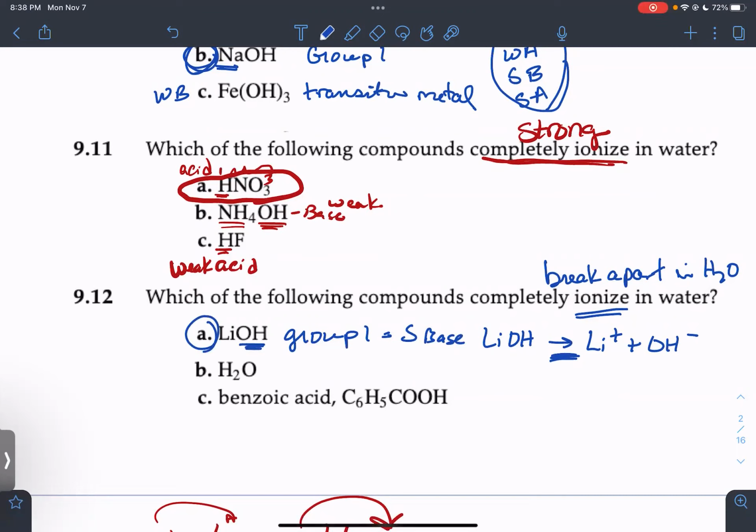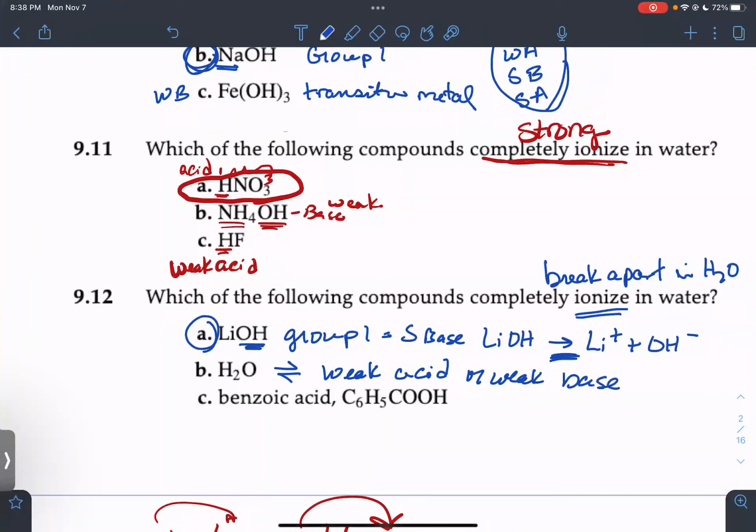Okay, water. What we saw up above is that water can act to accept a hydrogen ion or to donate one. And it doesn't do it completely. And so if I were to draw that reaction in either way, I would use this double-sided arrow. So this one is a weak acid, or it could be a weak base.